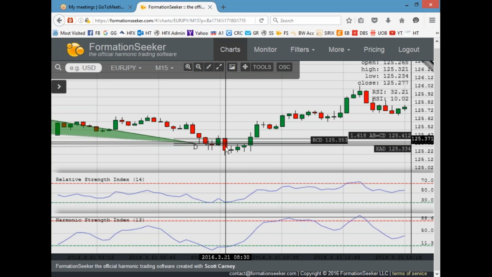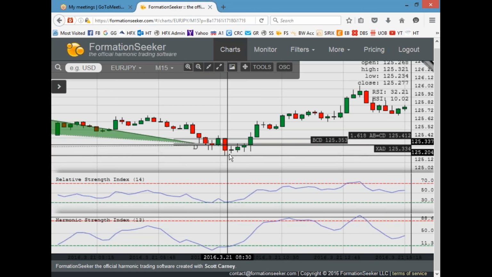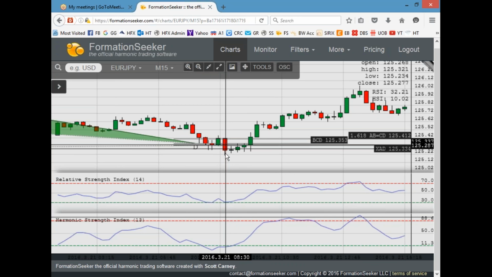Now this is interesting. The bar is going down, but your HSI is going up, which means it's telling you the market is maybe reversing. Price is going down, HSI is going up. But you still don't enter, because what's wrong with this bar? Bearish.